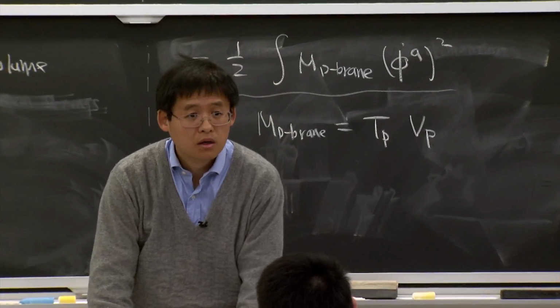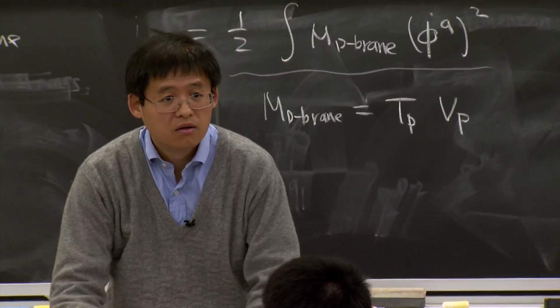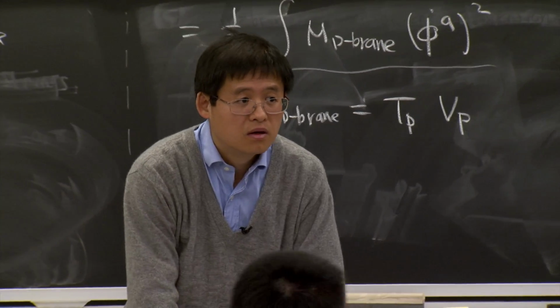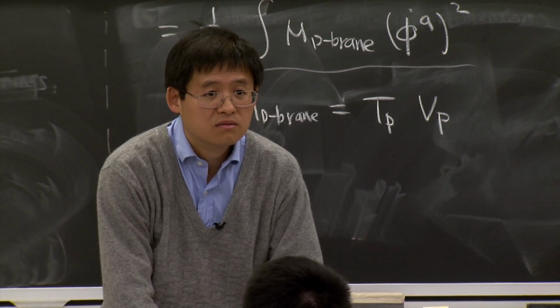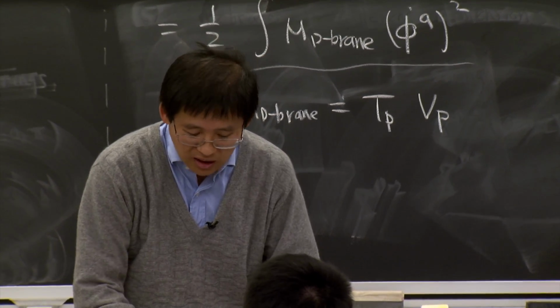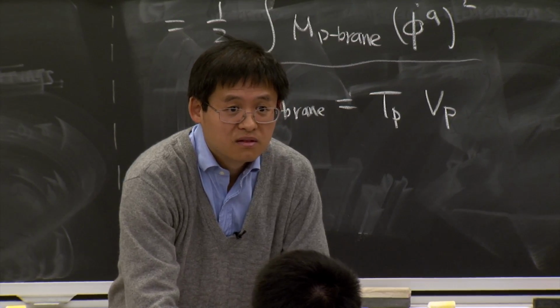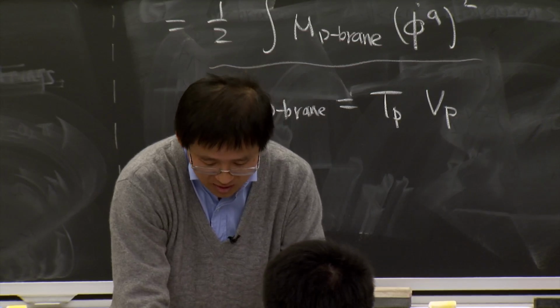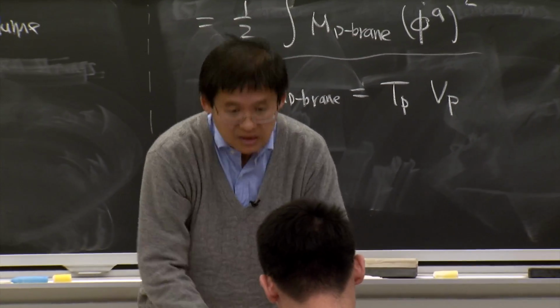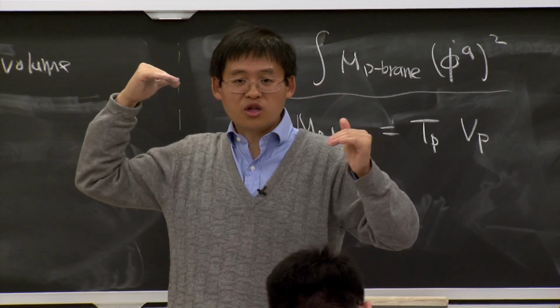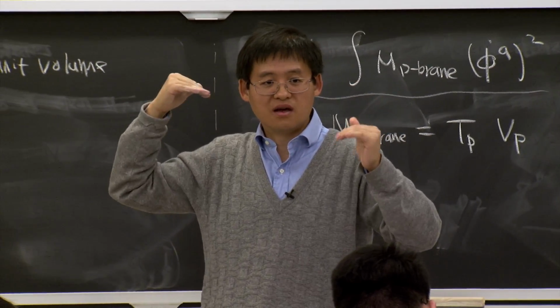Yes? If you begin with the dynamics of the brane, will it just renormalize T_p? No, we don't know how to describe a dynamical brane from the beginning. That's how we do it. This is called background dependent quantization.